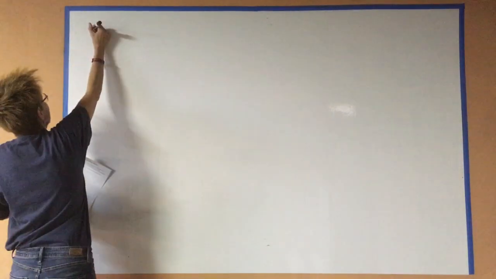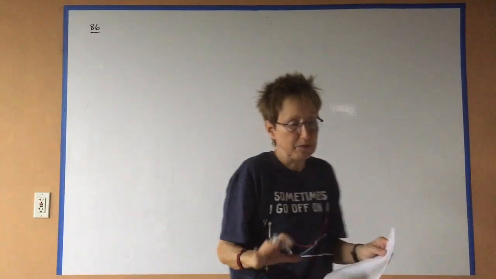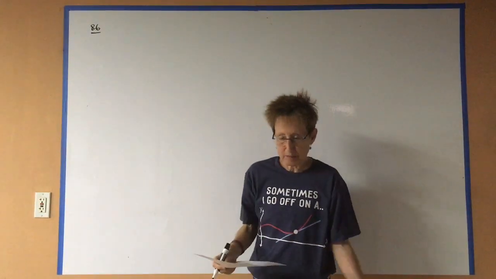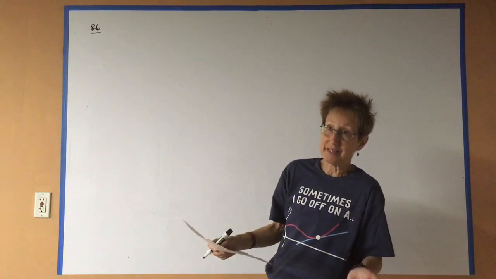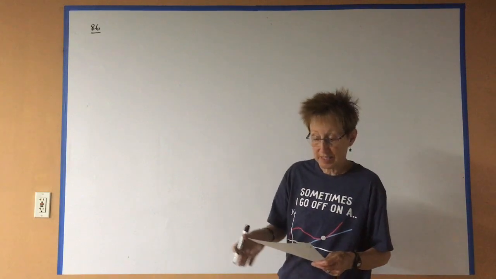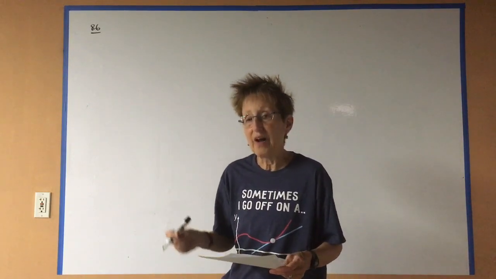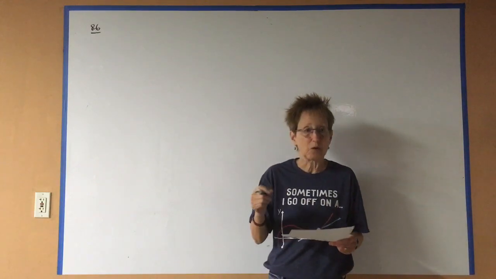So 8.6 is systems again. So this chapter 8 was all about systems. So systems with 3 equations, 3 unknowns, partial fraction decomposition, which depended a little bit at least on solving systems. Section 8.6 is solving systems of nonlinear equations. So they're not necessarily all going to be linear.